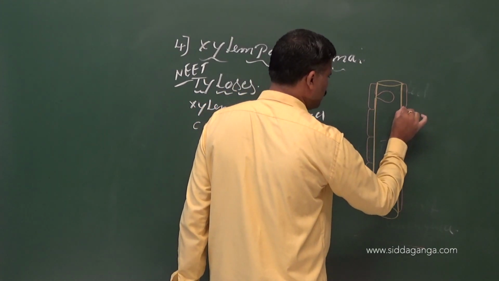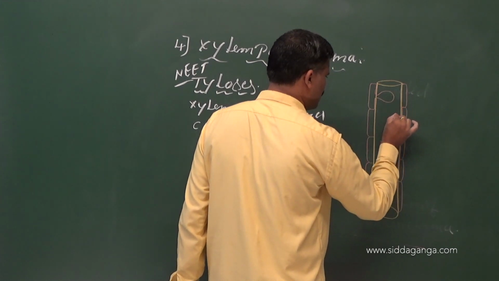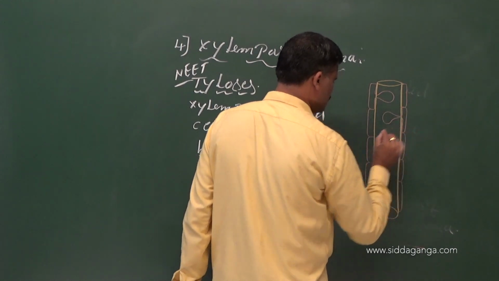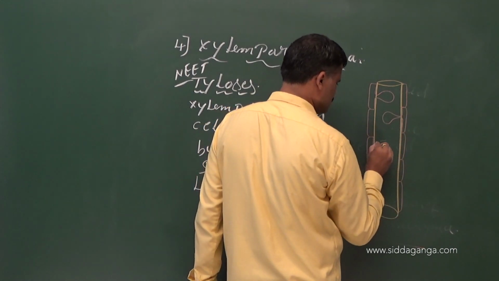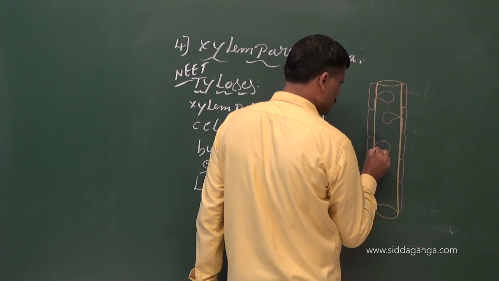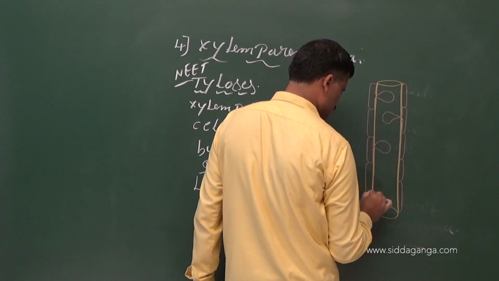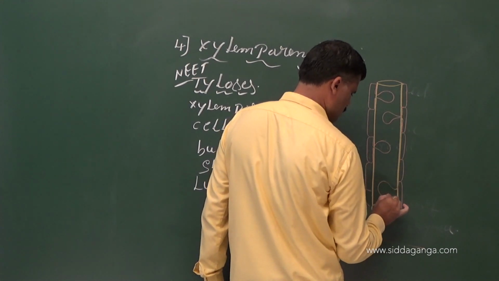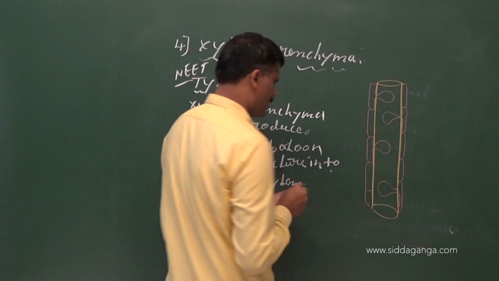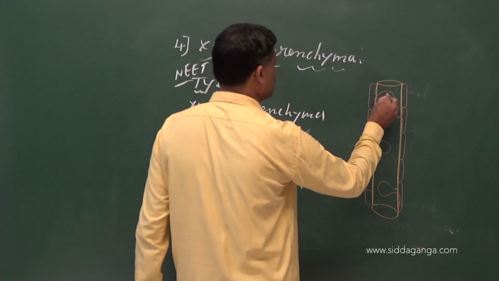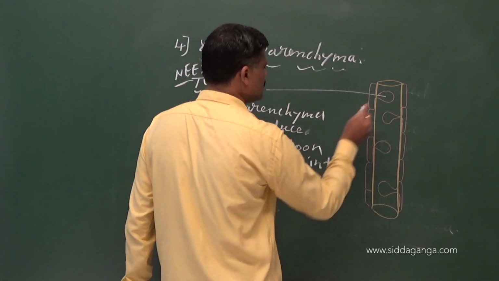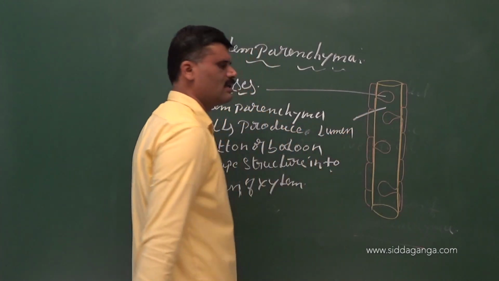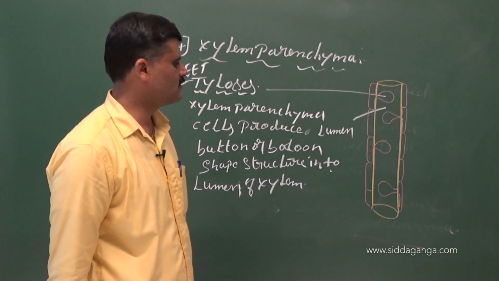So here you can notice the development of button shaped structures, and these button shaped structures are called Tyloses. This is the lumen inside the xylem vessels.